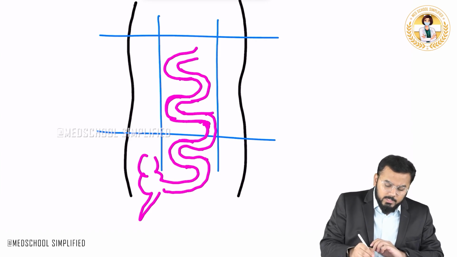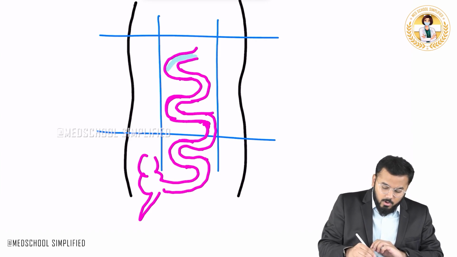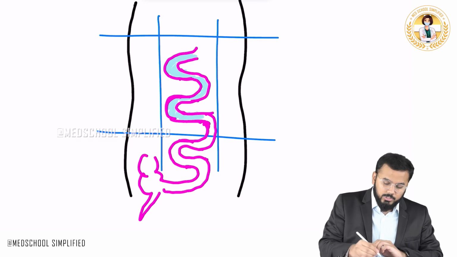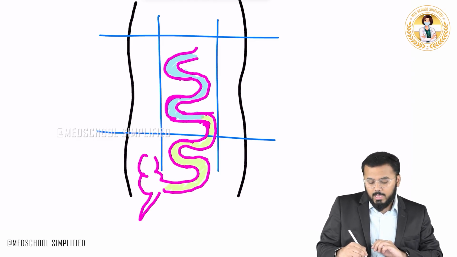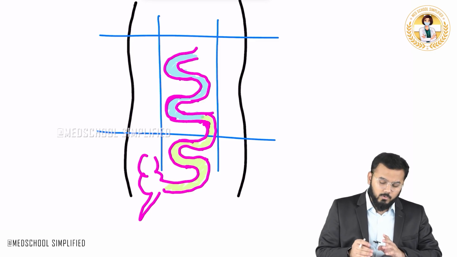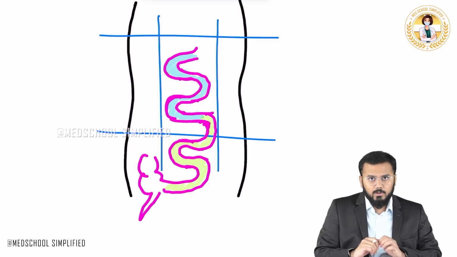So from this part all the way, from here till here, this is your jejunum, let us say. And from here all the way, you have got your ileum. So let us say that this entire part is your ileum. Now, in the hypogastric region, what do you have? You have got the small intestine bowel loops.